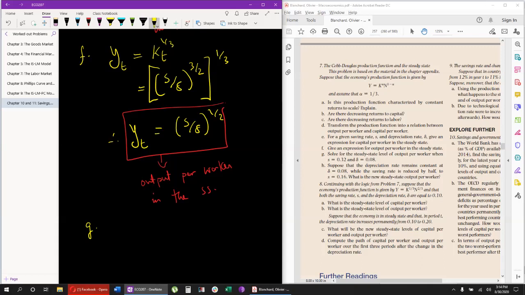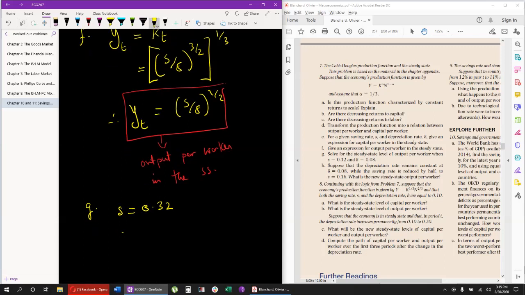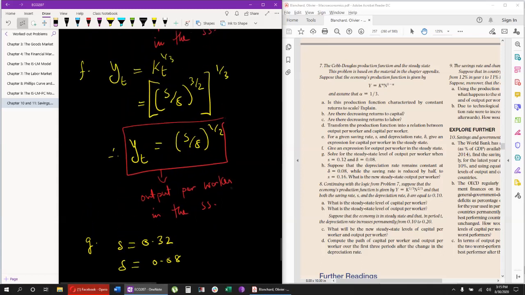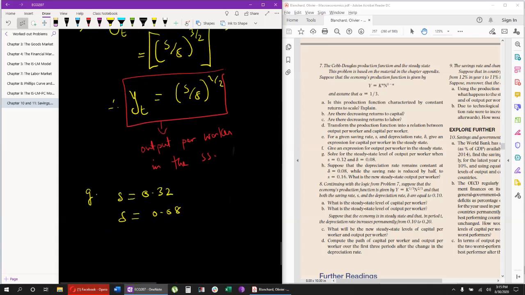So now we have some values. Okay, so we have savings is 0.32. So that means we save 32% of our income. And we have delta equal to 0.08, which means annual depreciation rate is 8%. What do we have to find? Okay, we have to find the values of all this. k_t then is how much?